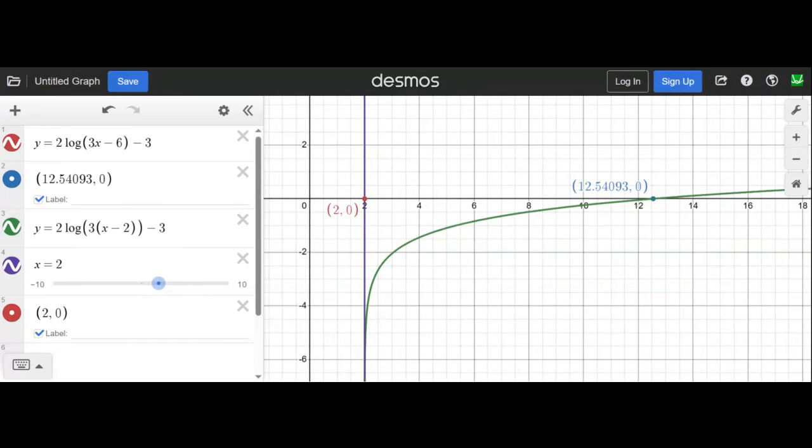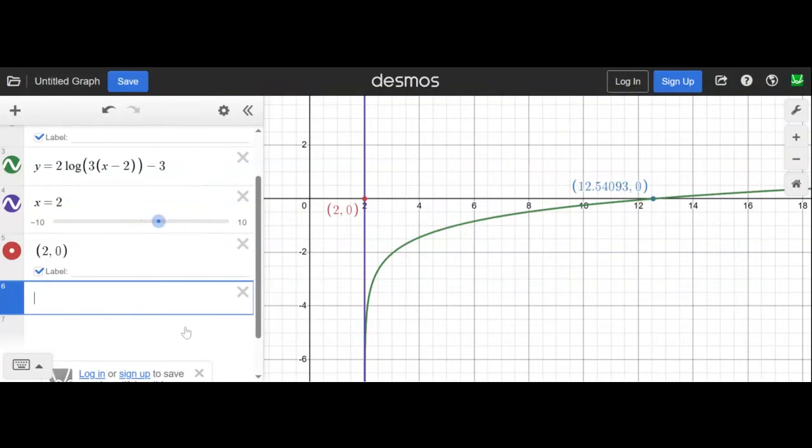This function is basically shifted to the right by exactly 2 units. That's why we can see that the x-intercept has been shifted to the right, instead of having the x-intercept at 1 and 0 for the normal situation. I can show you guys if I clean this. Let me write down here at the bottom another function, which is y equals logarithm of x, without anything.